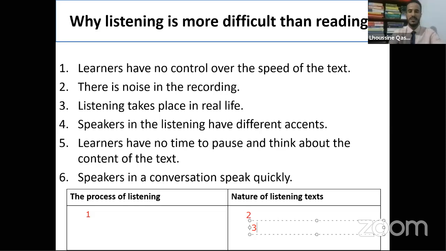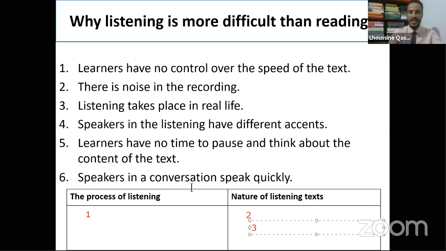Wonderful. Now, speakers in the listening have different accents. Is it number 1 or 2? Muhammad number 1, Siham number 2. Sorry, I'm talking here about number 3. Listening takes place in real life. Let's repeat again.